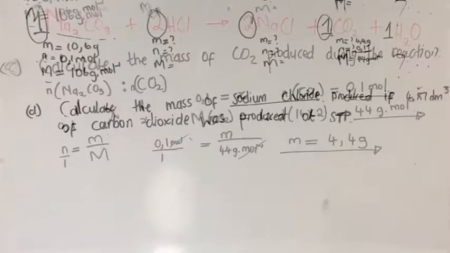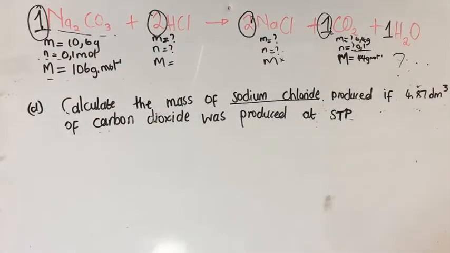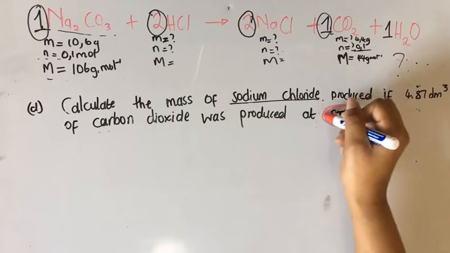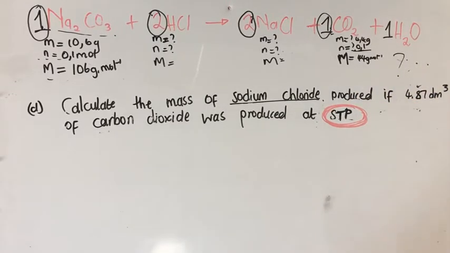Okay. So umbuzo wethu wokugcina D, to calculate the mass of sodium chloride produced if 4.87 decimeter cubed of carbon dioxide was produced at STP. Okay, so la kunemithetho eminingi kumele siyilandele. Kuqala sitsheliwe ukuthi at STP. Alright, lokusho ukuthi asizenzeli ngendlela esithanda ngayo nje, sisebenzisa imigomo ye STP, right?